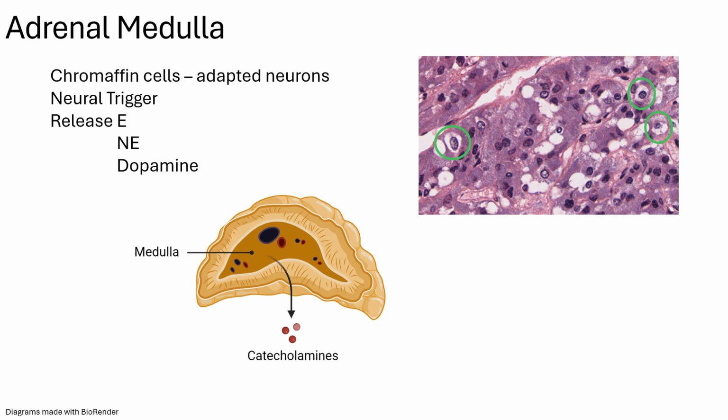And the medulla is composed of specialized neurons called chromaffin cells. These are the cells that release epinephrine and norepinephrine and a tiny bit of dopamine. These hormones, all three of them collectively known as catecholamines, are distributed throughout the body by way of blood vessels from the medulla, and they provoke a general sympathetic fight or flight response.